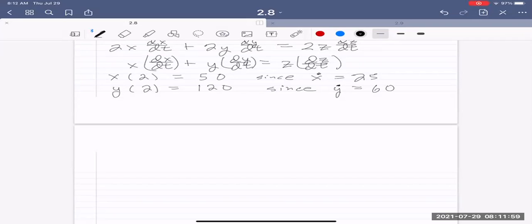So x squared plus y squared equals z squared. 50 squared plus 120 squared equals z squared.